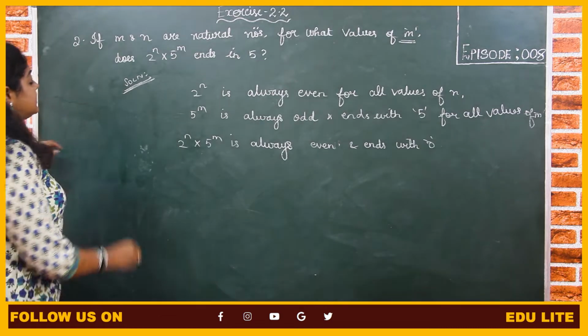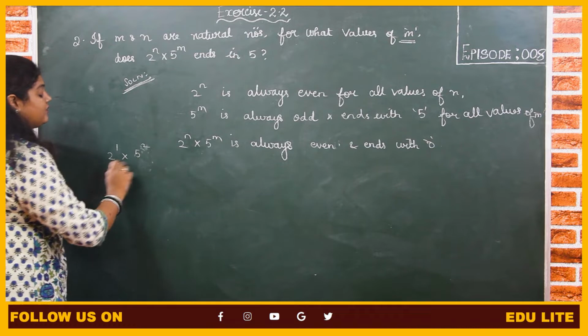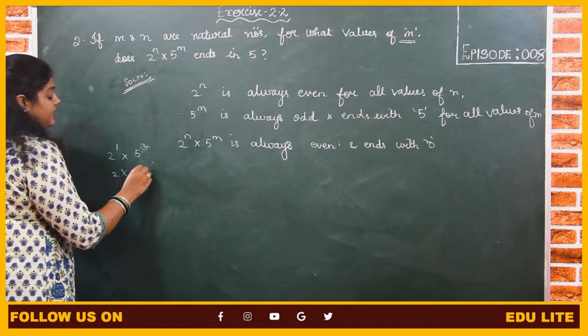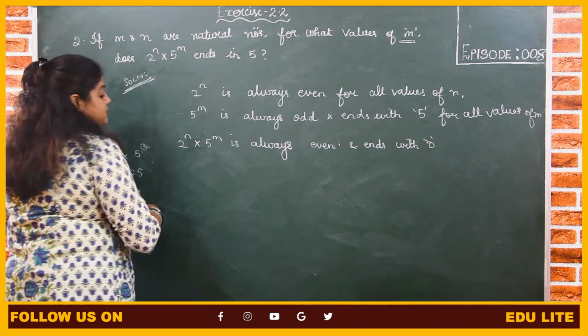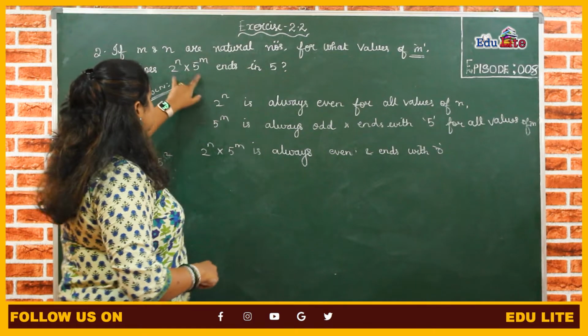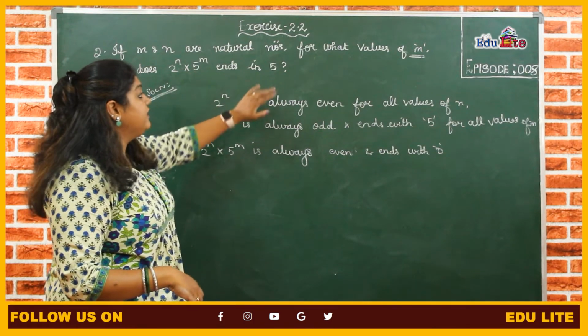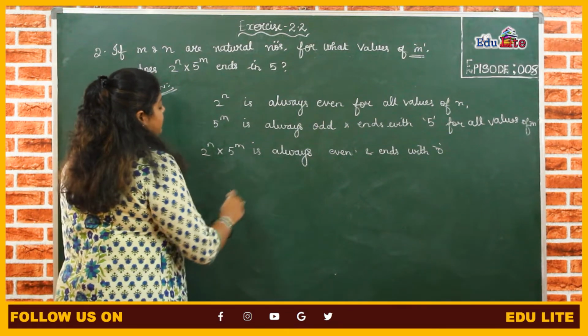If I choose the value of n as 1 and m as 2, what will I get? 2 into 5 square is 2 into 25, which is 50. So it is an even number as well as it ends with 0. So the conclusion is, this number 2 power n into 5 power m will not end with 5 for any values of m.